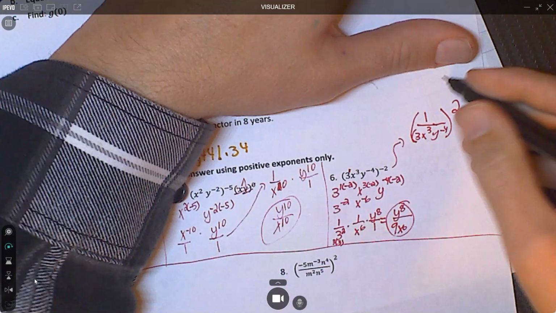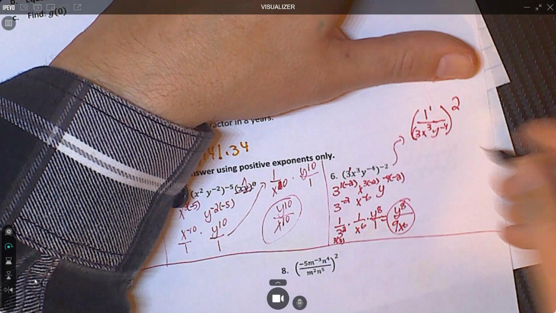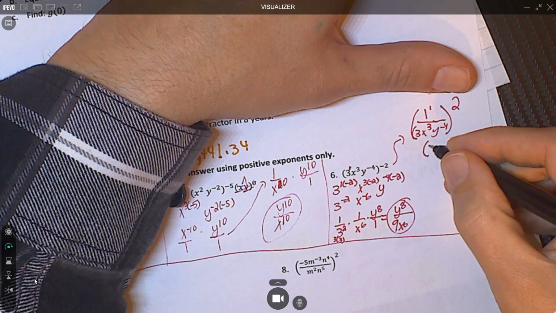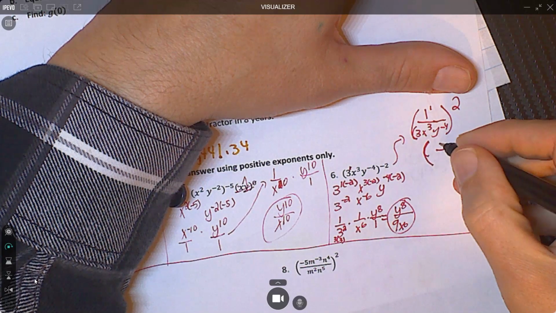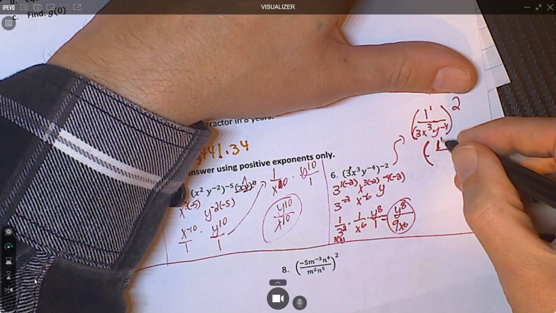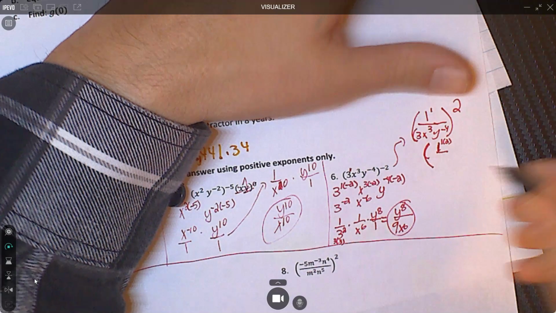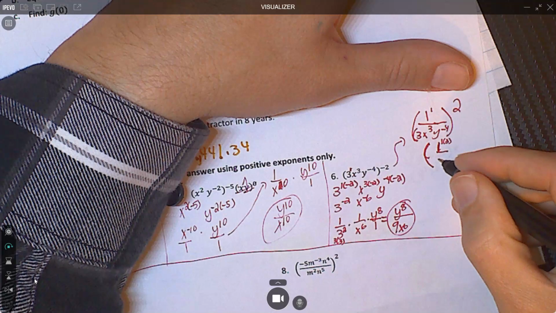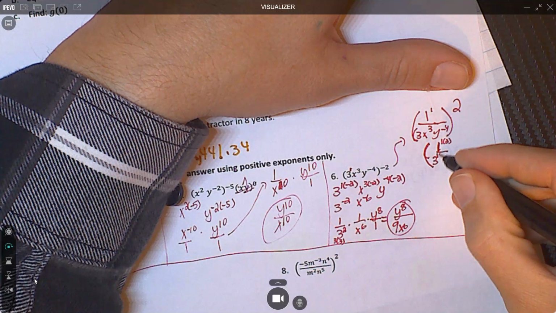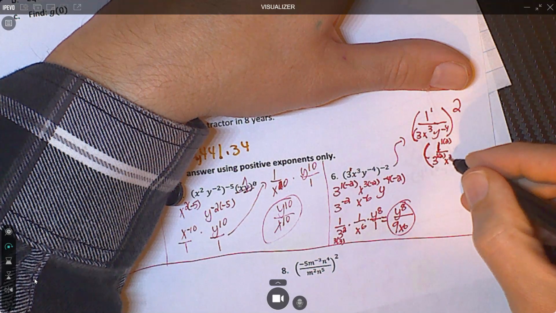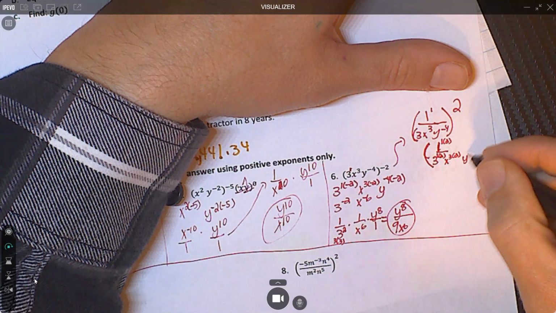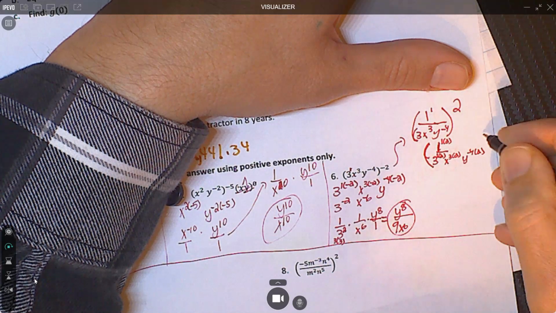If you did it this way, you can see you get 1 to the 1 squared, which would be 1. And then down here you'd have 3 to the 1 times 2, x to the 3 times 2, y to the negative 4 times 2.